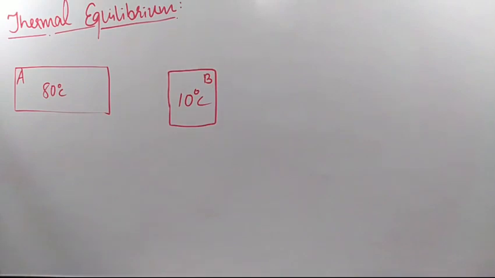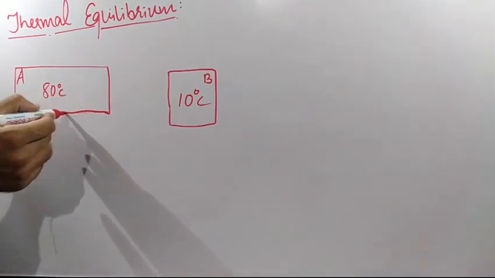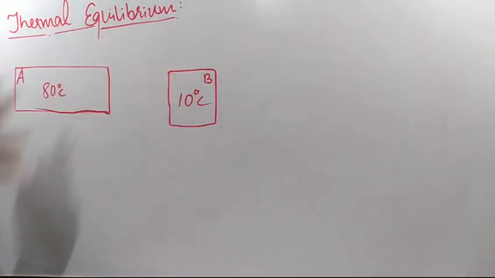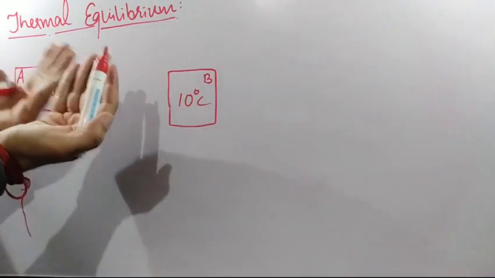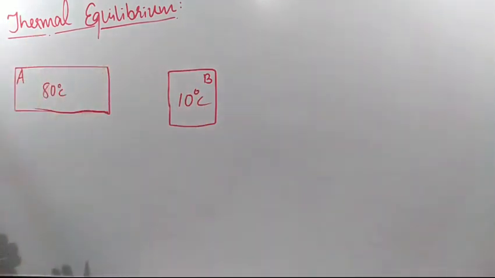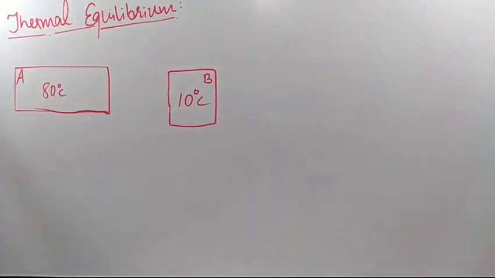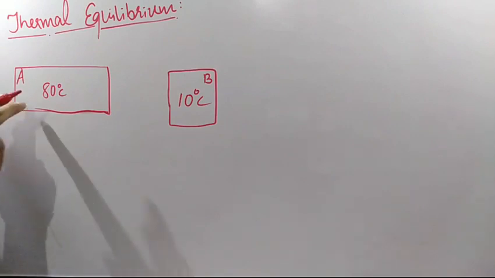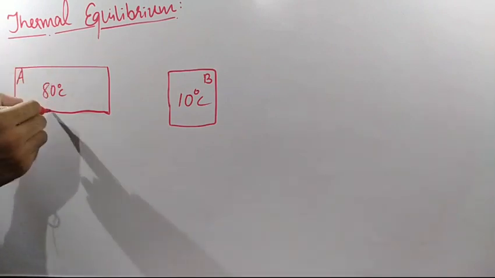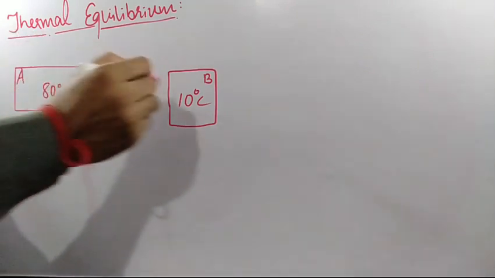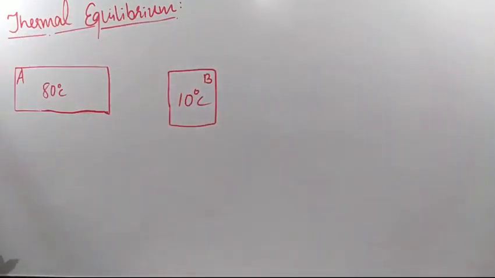When we place system A with system B, that means I am going to join system A with system B. This side is a completely conducting wall, diathermic wall. Here also diathermic, here also diathermic.